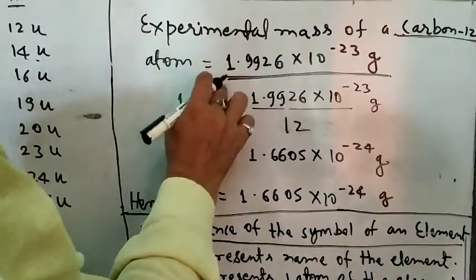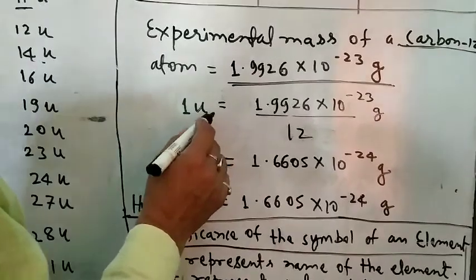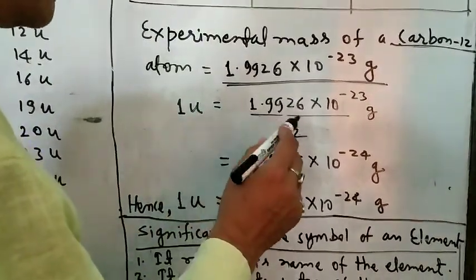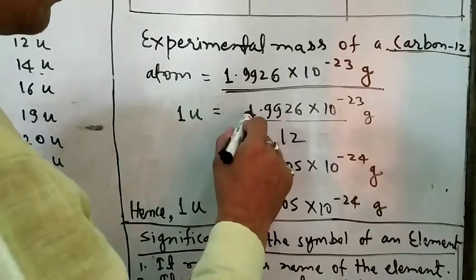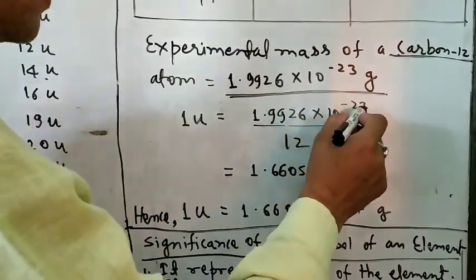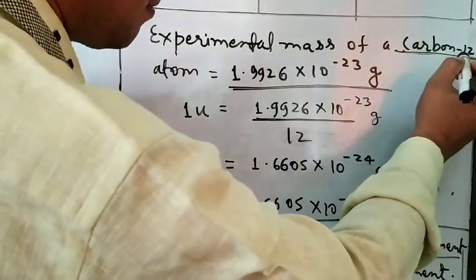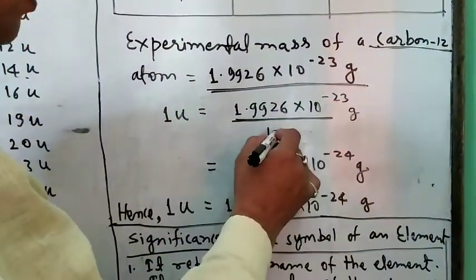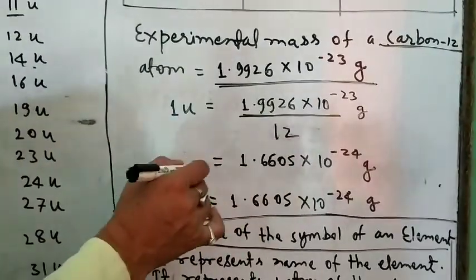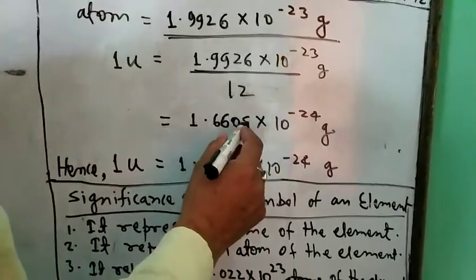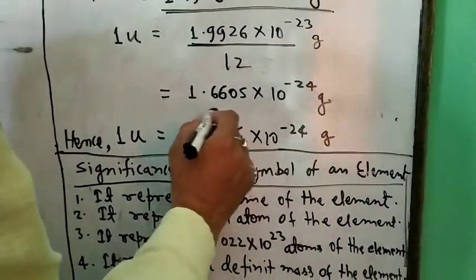So one unified mass of any atom is equal to 1.9926 times 10 to the power minus 23, divided by 12 because the carbon-12 atom mass is 12. It becomes 1.6605 times 10 to the power minus 24 gram.